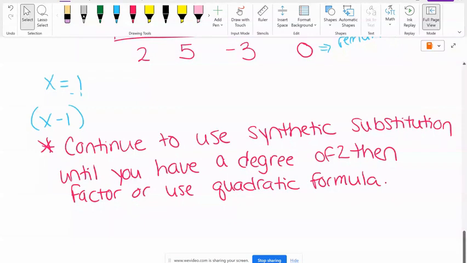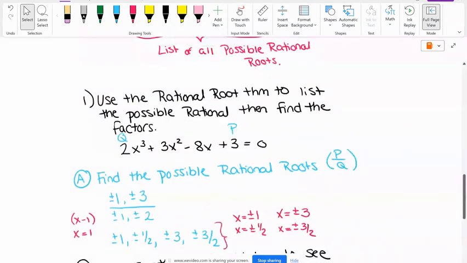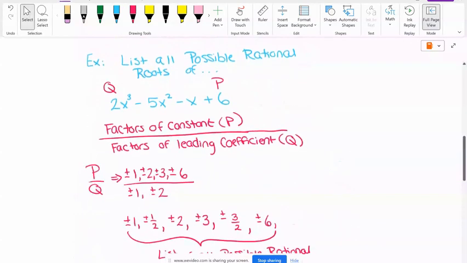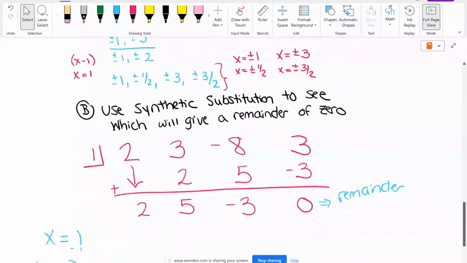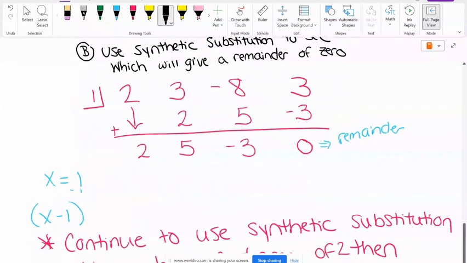Once we do synthetic division or substitution once, how do we know the degree of our new polynomial? What is it? One less. One less than what we started with. So what did we start with? We started with x cubed, right? So what is this new one going to be? X squared.